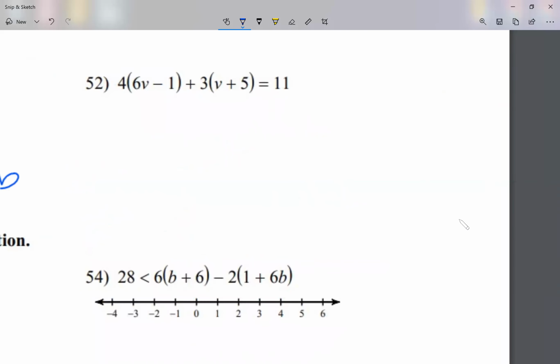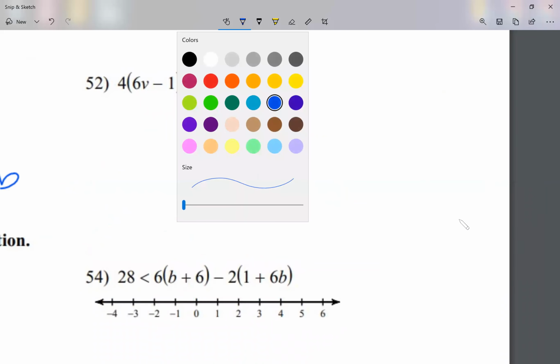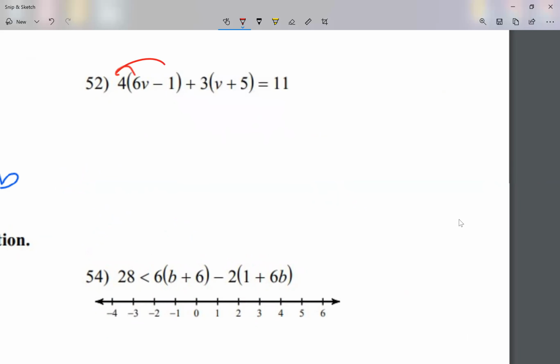Same thing here. Let me get rid of parentheses. I'm going to multiply the 4 to the inside and the 3 to the inside. So that's going to give me 24v minus 4 plus 3v plus 15. And all of this is equal to 11.